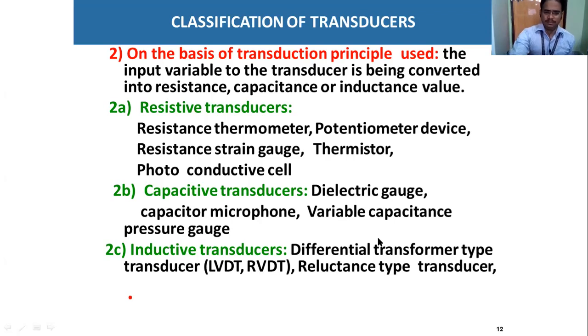In these inductive transducers, the magnetic field developed in the primary winding will cause EMF in the other windings. So this is one of the classifications of transducers on the basis of transduction. That is why it is divided into three types: resistive, capacitive, and inductive transducers.